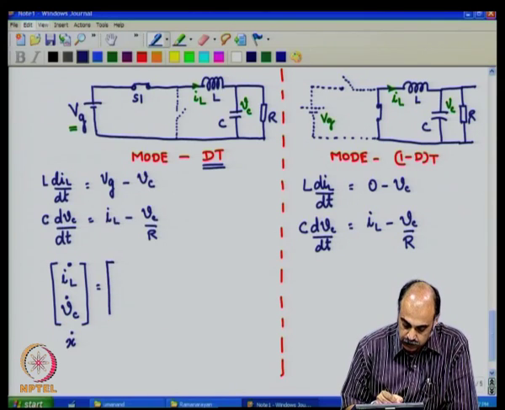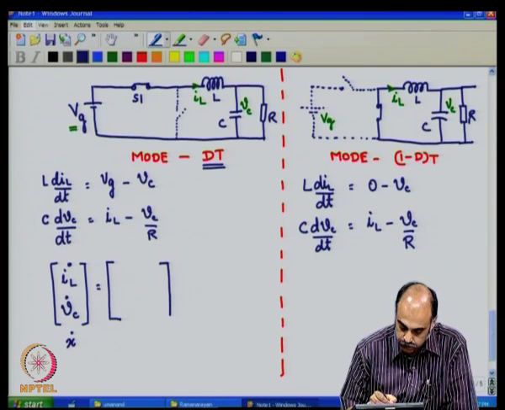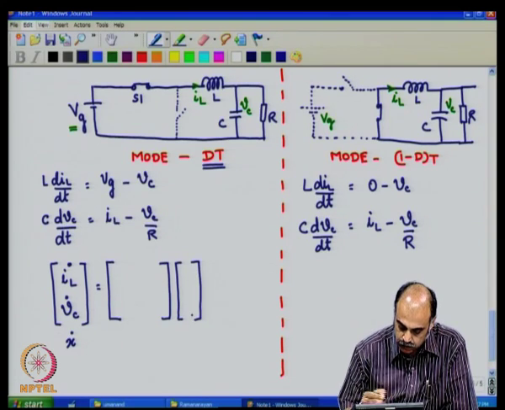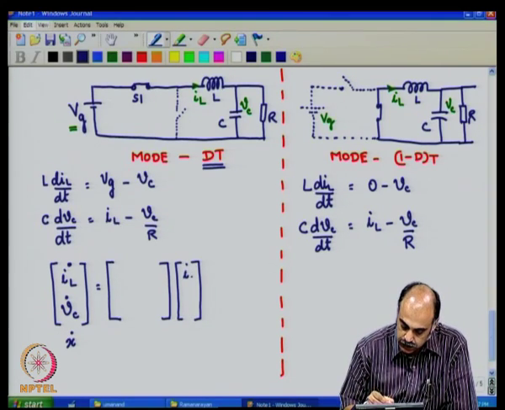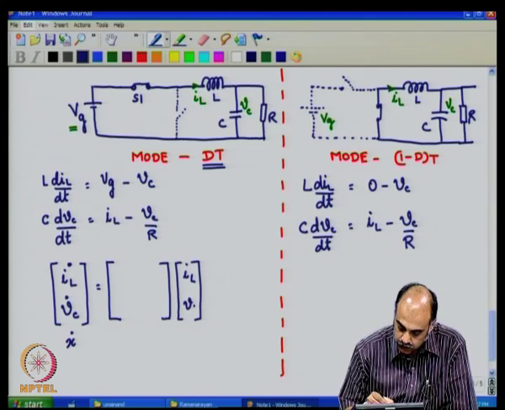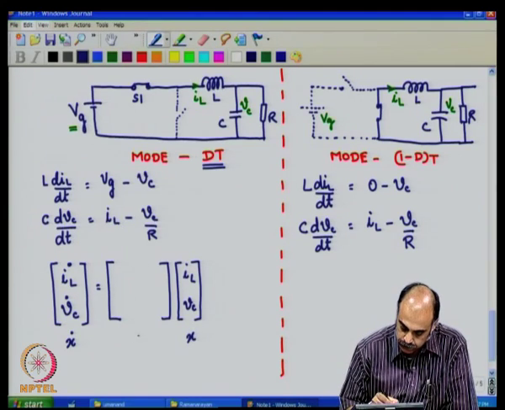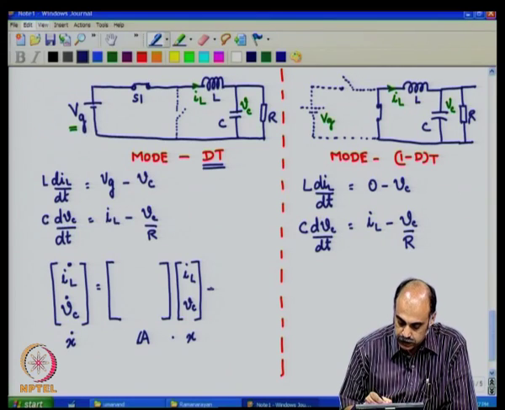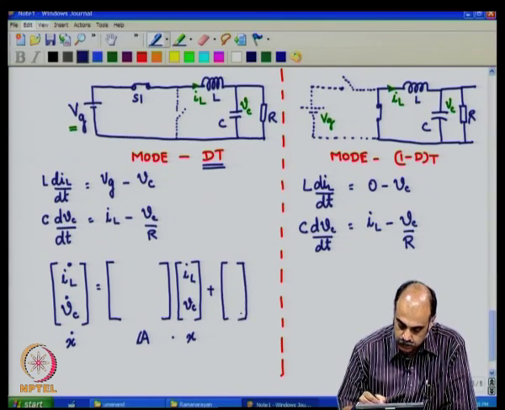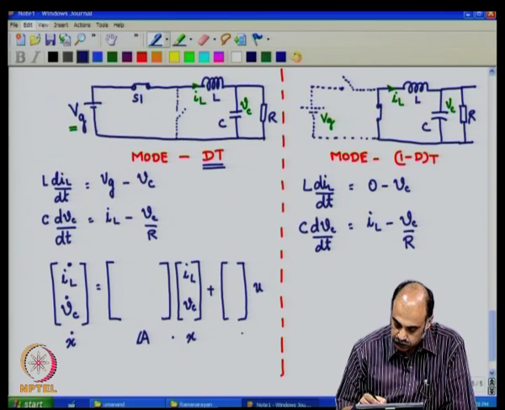Now, you have a matrix, the state vector x, plus the B matrix, the input vector u.